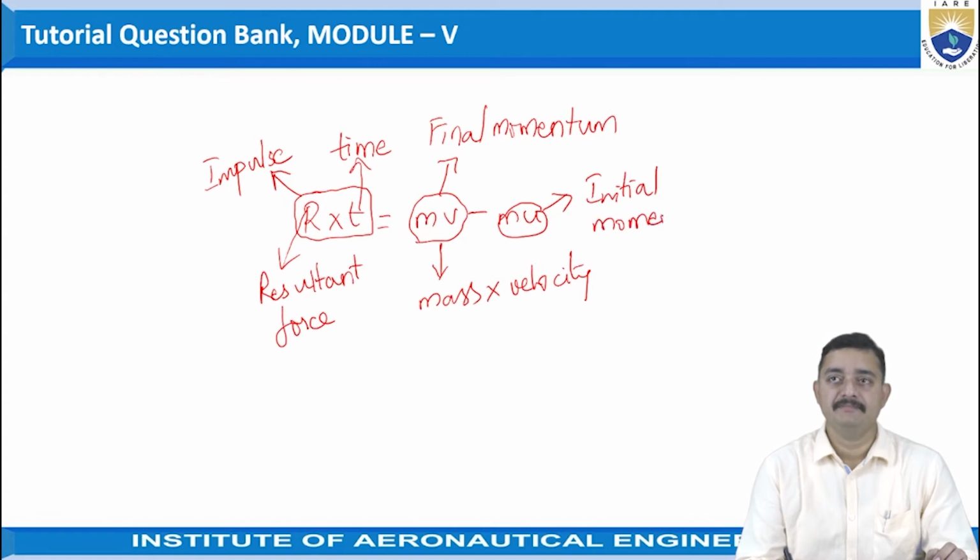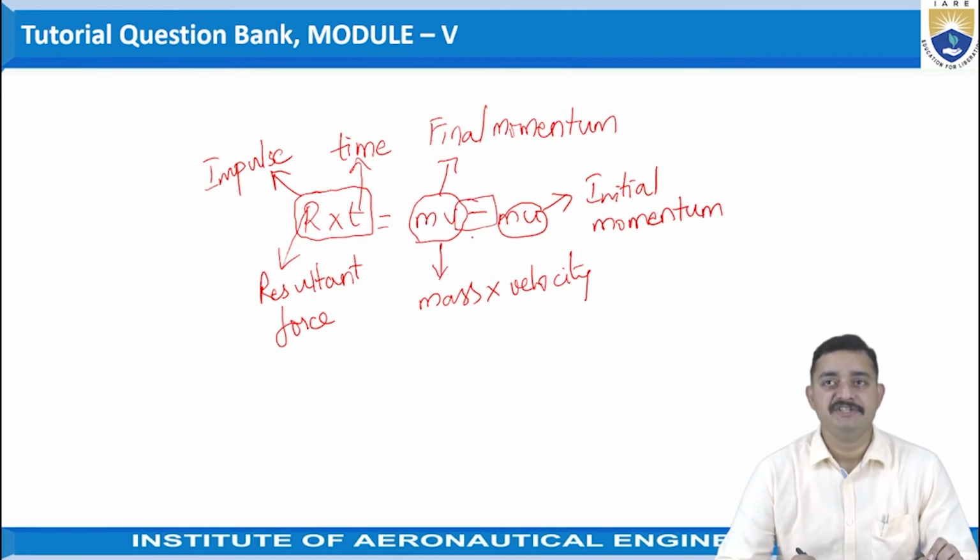The final momentum minus the initial momentum is the difference which we are taking. So the impulse momentum equation is given as impulse equal to change in momentum. This is the impulse momentum equation, and related to this equation we are going to solve a number of problems.